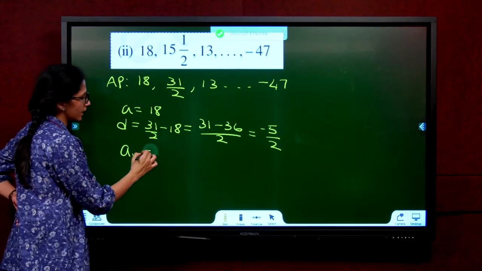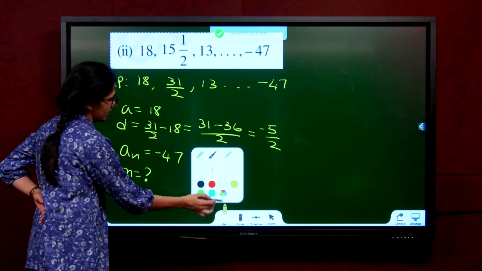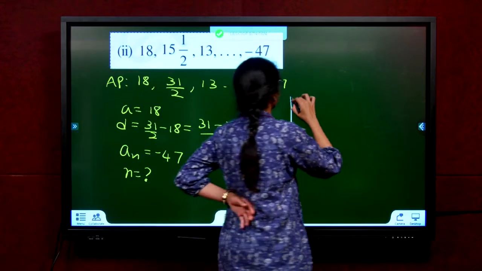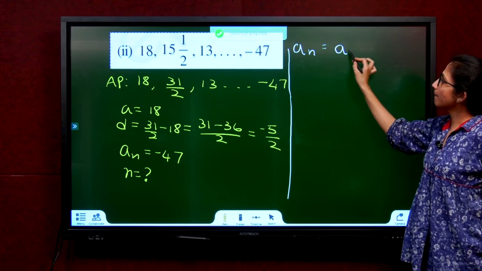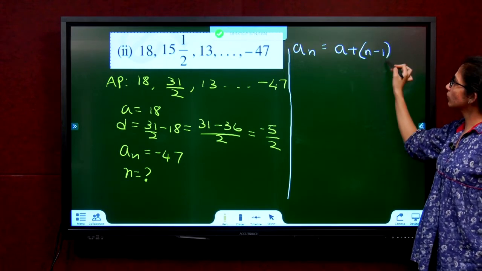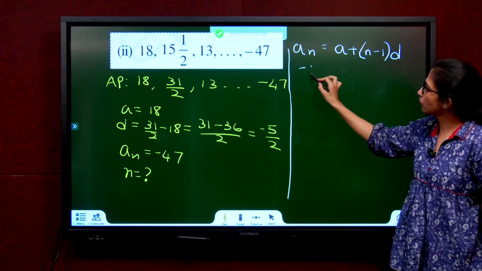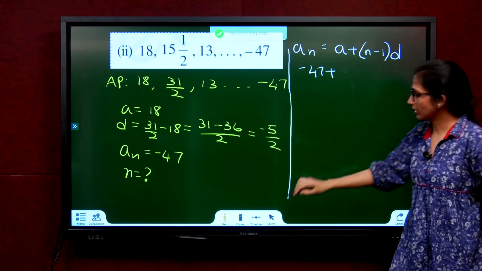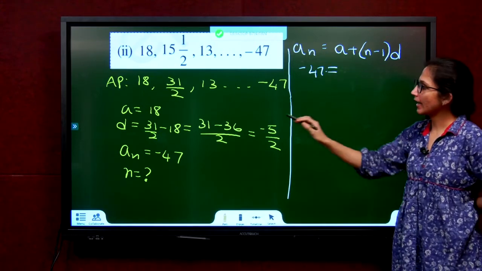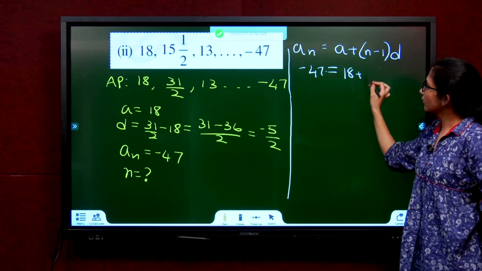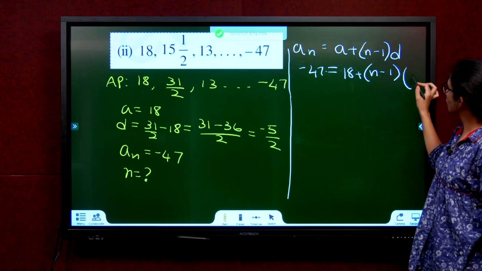AN given is minus 47. Find the value of N. So, now what is the formula for AN? AN formula is A plus N minus 1 into D. You have everything, substitute. AN is minus 47 is equal to A 18, N you want to find out, D minus 5 by 2.